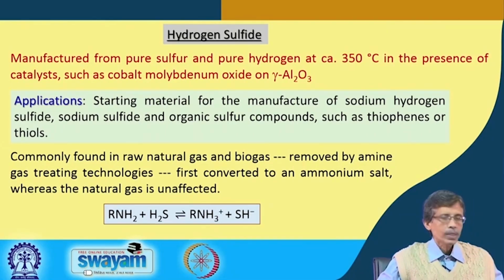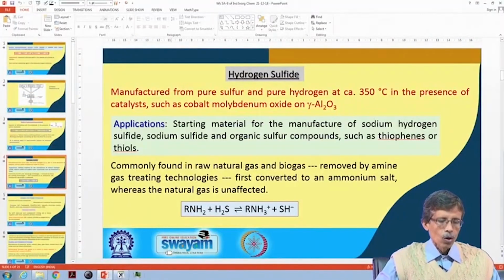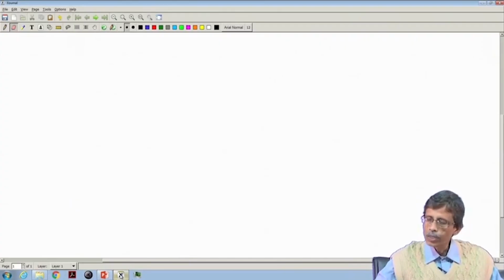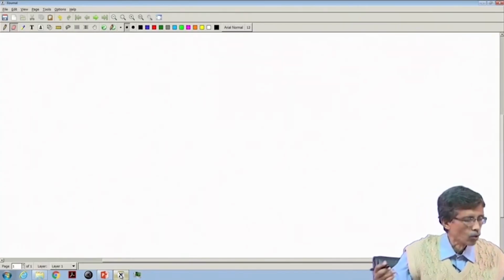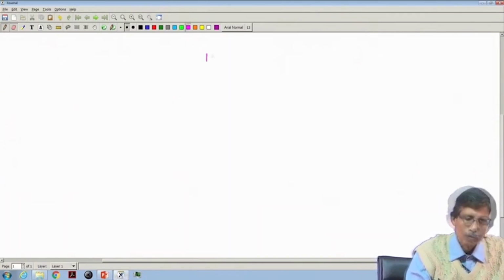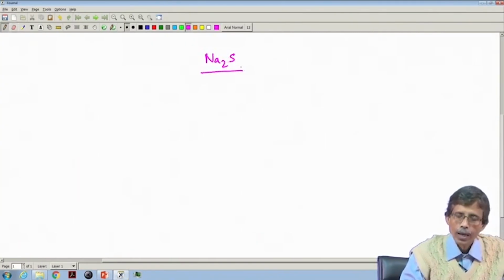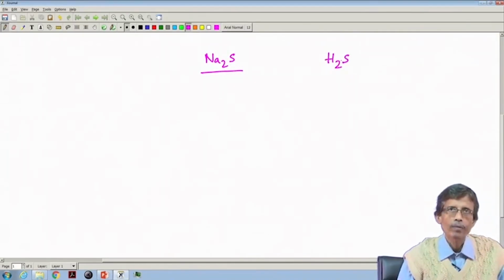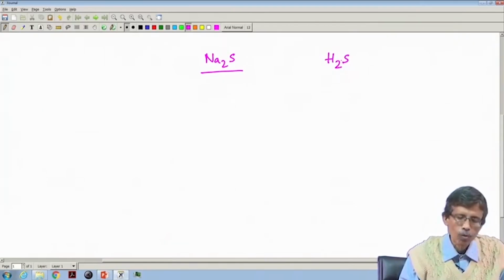So, next we will see how we can go for the corresponding salt. The typical salt is sodium sulfide, Na2S. As we have seen, we are talking about H2S, so you have to make this particular one.